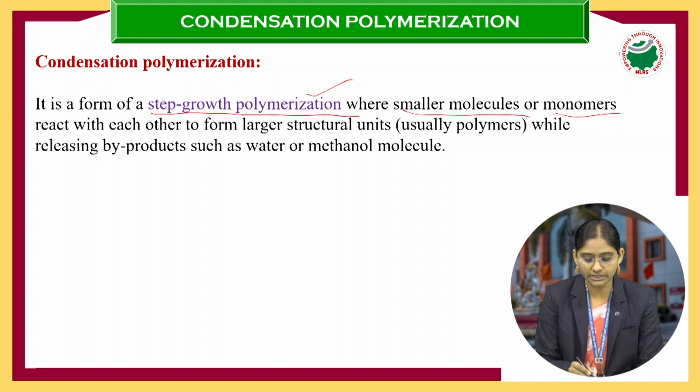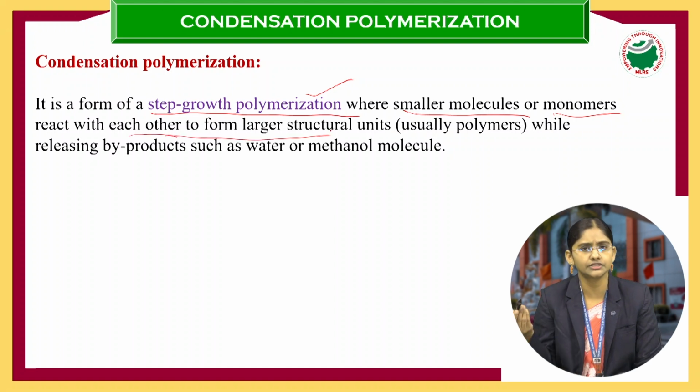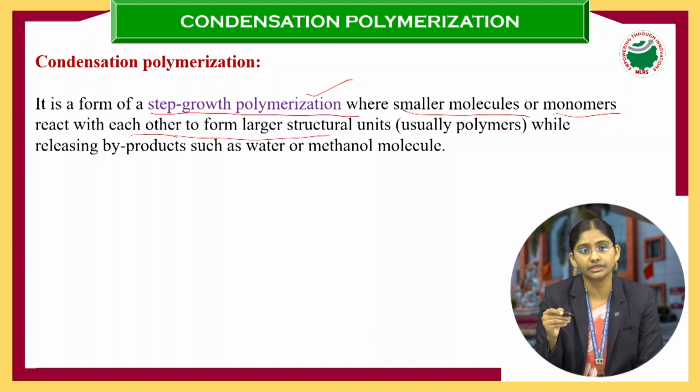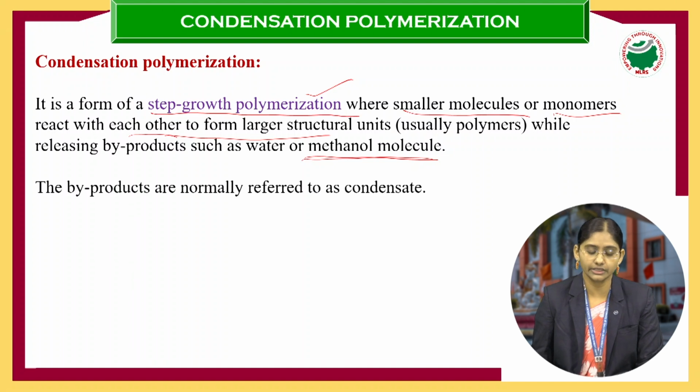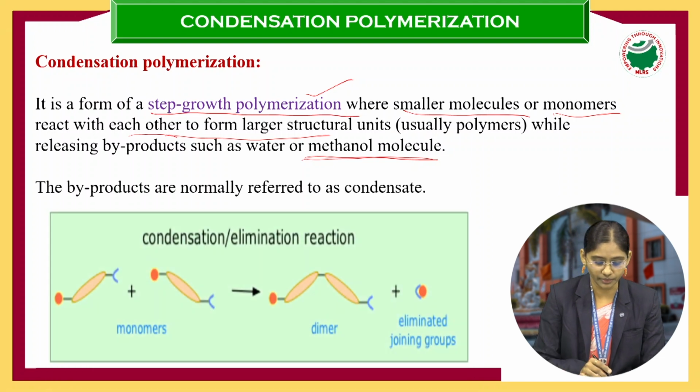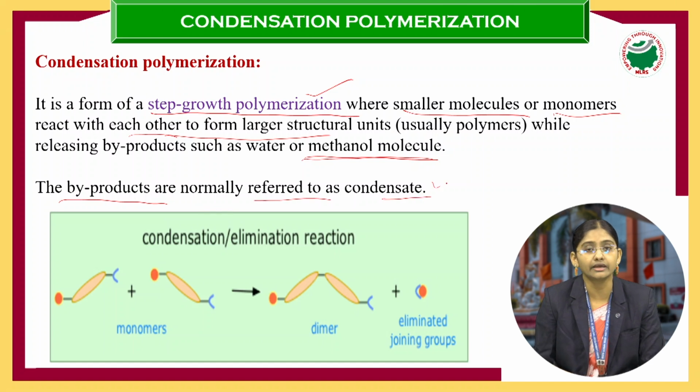react with each other to form large structural units with the elimination of small molecules like water, an alcohol molecule, or CO2, etc. So overall, in condensation polymerization, the polymerization reaction takes place with the elimination of a byproduct. These byproducts are normally referred to as condensate.